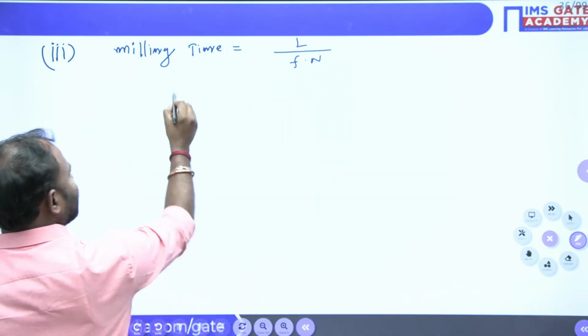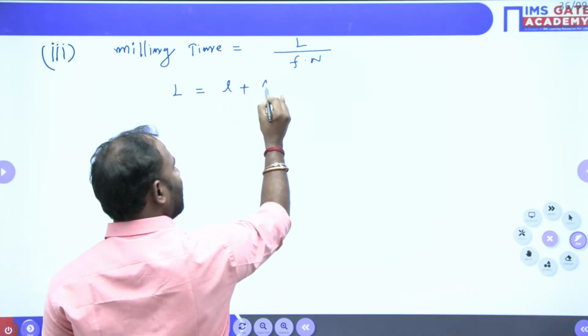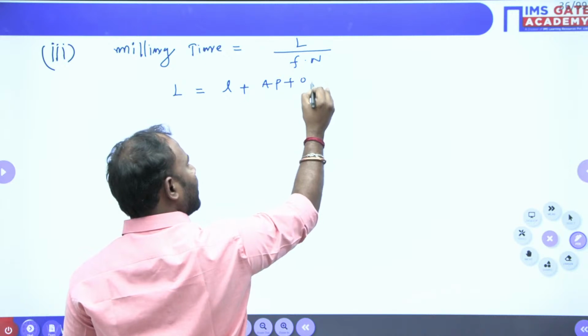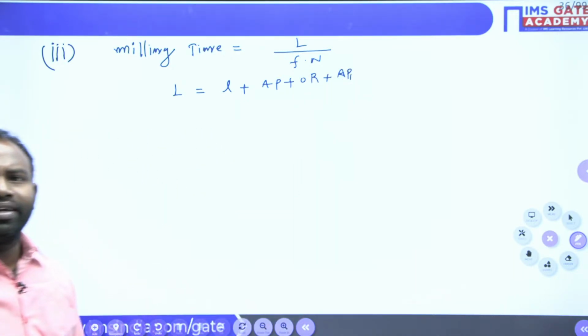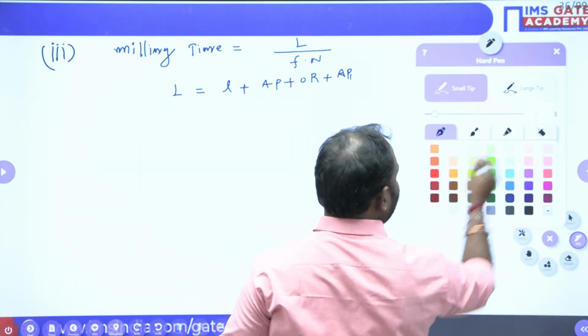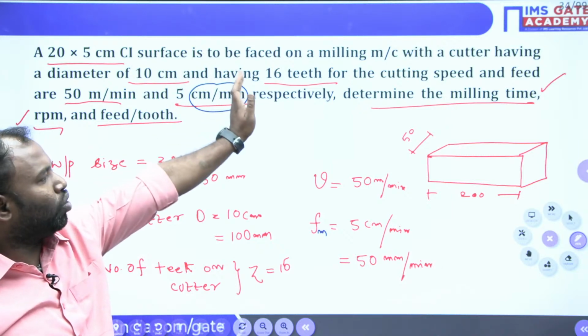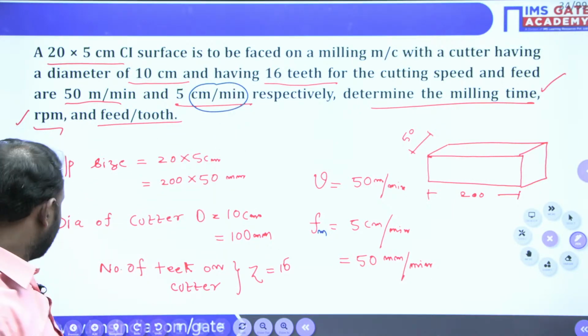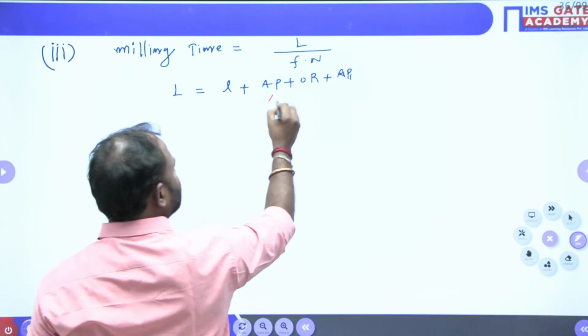Now let's decide that L. L equals length of the job plus approach plus overrun plus AP1, compulsory approach. But here approach and overrun are not given in the problem, so there will be no approach and overrun. And it is face milling, so that is why these two things are not given.